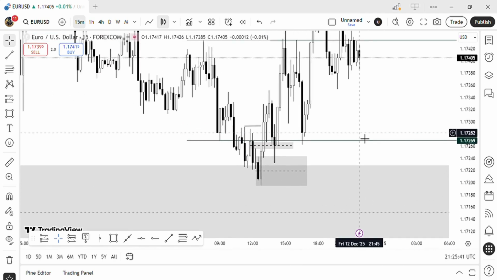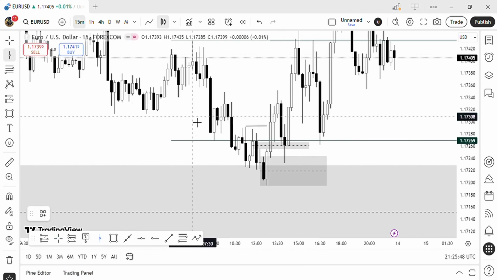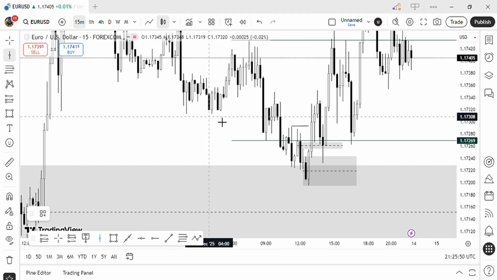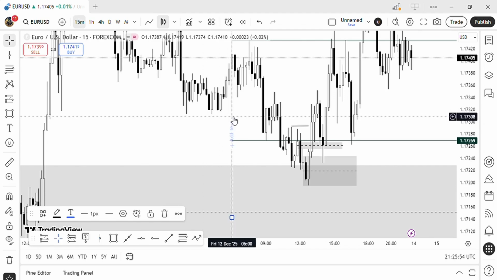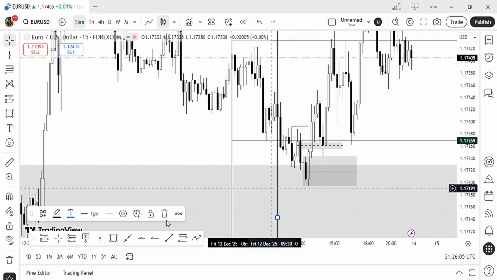Now our first candle, which was a 6, right? Remember it's a 4-hour candle, so let's say it starts from 6. This is the beginning, and then it ended by 10, and the next 4-hour candle started by 10.